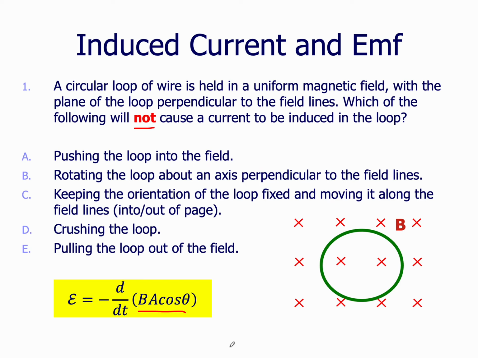The answer, if you haven't quite figured it out yet, is C. If you just keep the orientation of this green loop constant, but move the green loop straight out of the screen or into the screen, it would not change the flux through it, assuming the magnetic field is uniform. All the rest will somehow modify it.